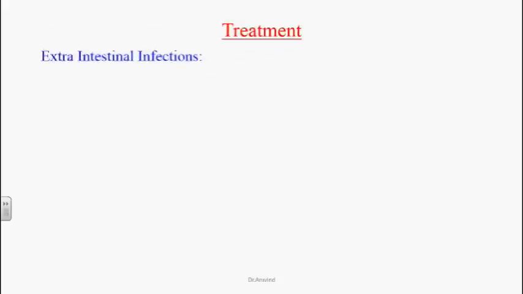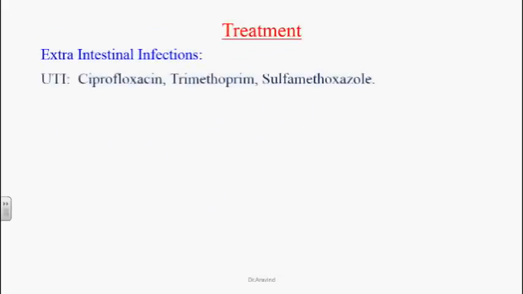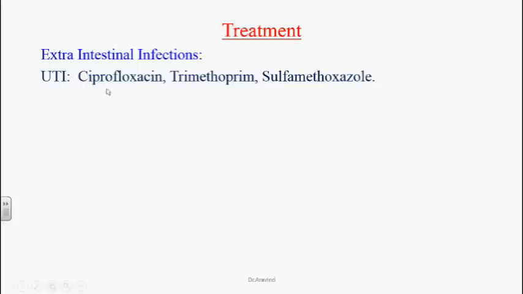Treatment for extraintestinal infections, for UTIs especially, we can use ciprofloxacin, trimethoprim, or sulfamethoxazole. For meningitis in neonates, cephalosporins are the best drugs.